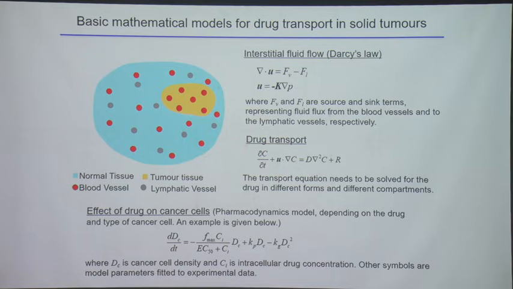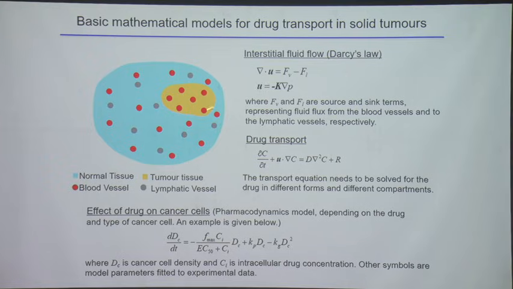So this is a tumor within a normal tissue. In the tissue, we have blood vessels, and the red ones are the blood vessels, where the blood comes in, and the drug enters into the normal tissue and the tumor tissues through the blood vessels. We also have lymphatic vessels, especially in the normal tissue, which help drain fluid away from the tissue.